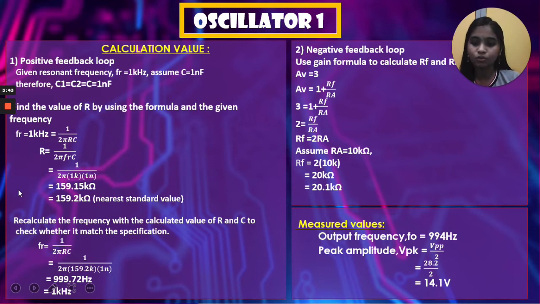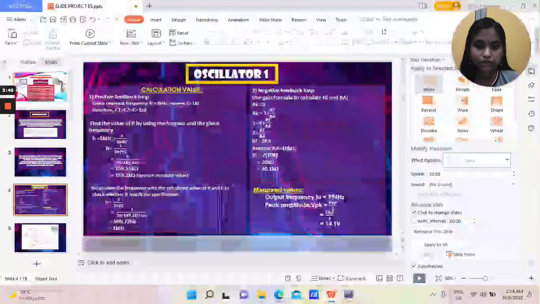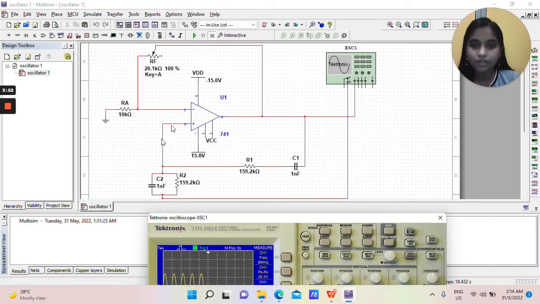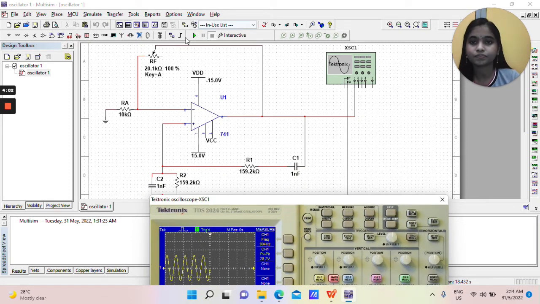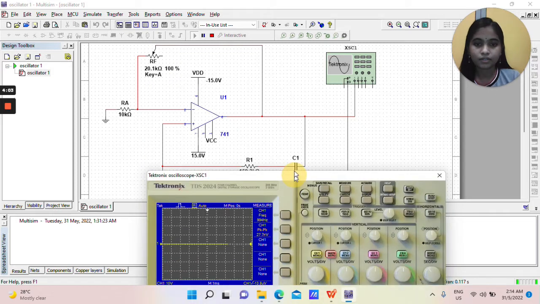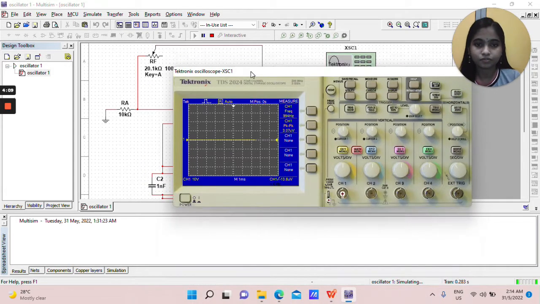Now we're going to see the Multisim. This is the circuit we constructed in Multisim. This is the negative feedback loop, and this one is the positive feedback loop. Then now we run the Multisim. Autoset.